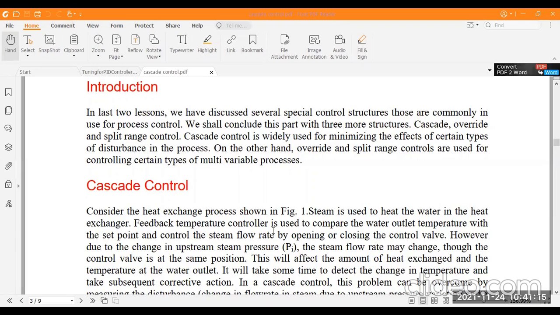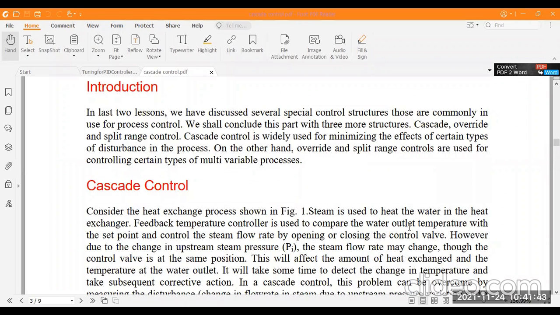We use many summing points, many takeoff points, and a feedback network. Each block or summing point is also a cascading element in one controller. So the cascade control system has one manipulated variable and more than one measurement available.